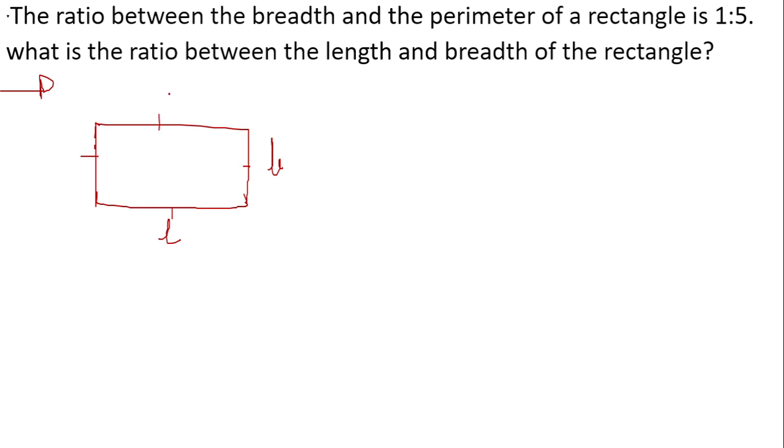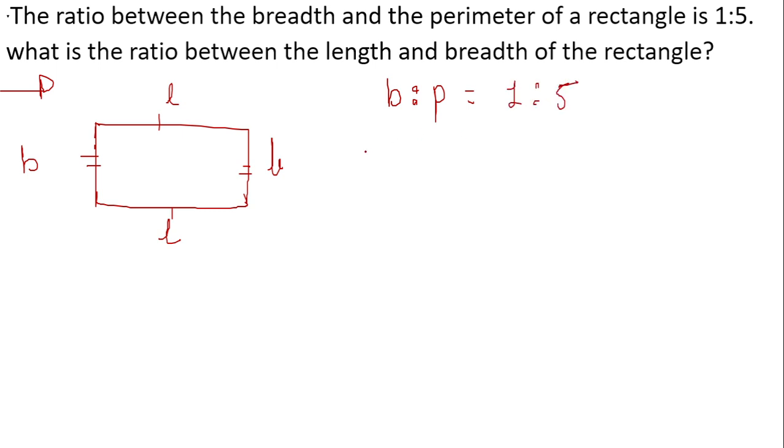Opposite sides are equal. The ratio between breadth and perimeter given is 1:5.